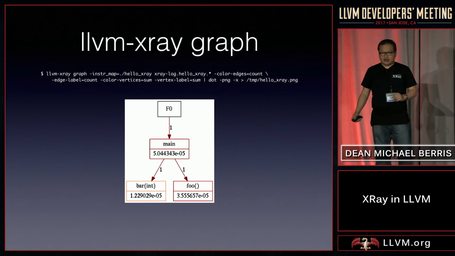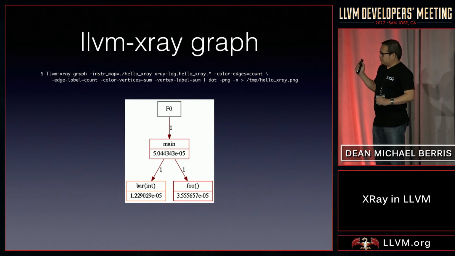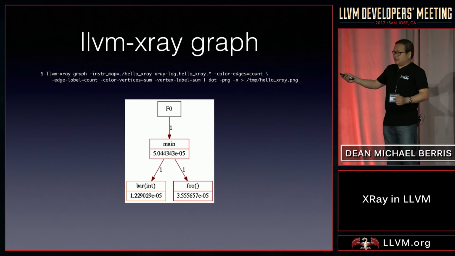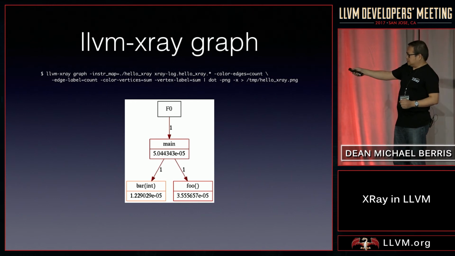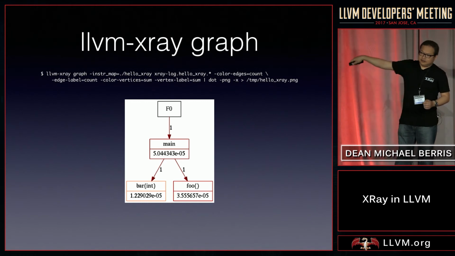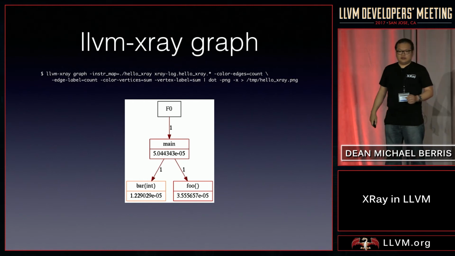So this is the graph of the naive mode log. Basically, we're showing how many seconds were spent in which function, and we color code that to figure out which function actually contributes more.